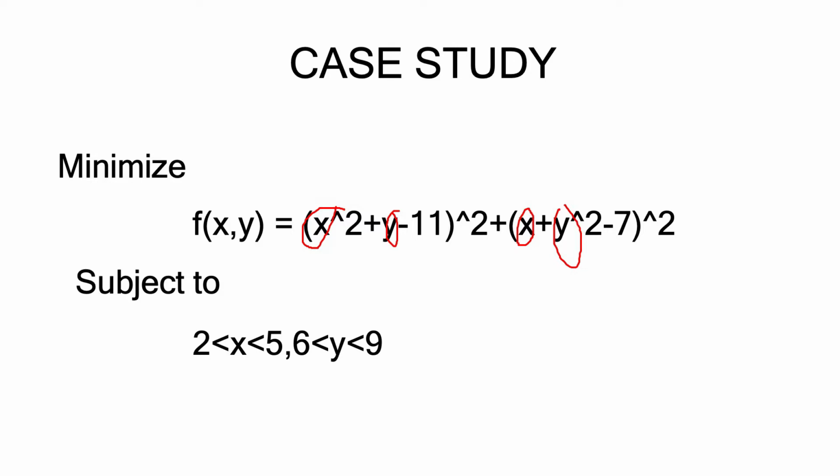That is, the objective is to find a minimum value for f of x, y by substituting suitable values for x and y. So this is the situation given for solving the optimization problem through genetic algorithm.